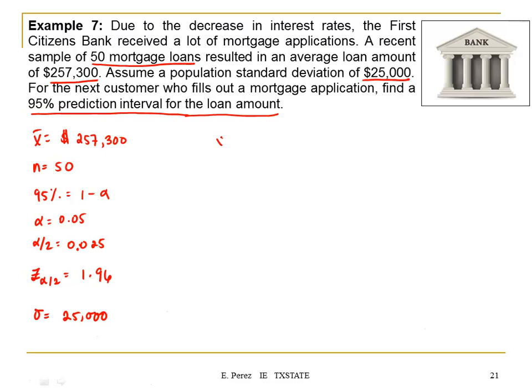Now we need to compute this prediction interval, which is given by this expression: x bar minus z alpha half sigma times the square root of 1 plus 1 over n, less than x0, less than x bar plus z alpha half sigma times the square root of 1 plus 1 over n. Again, the confidence interval is for this next observation that is called x0.